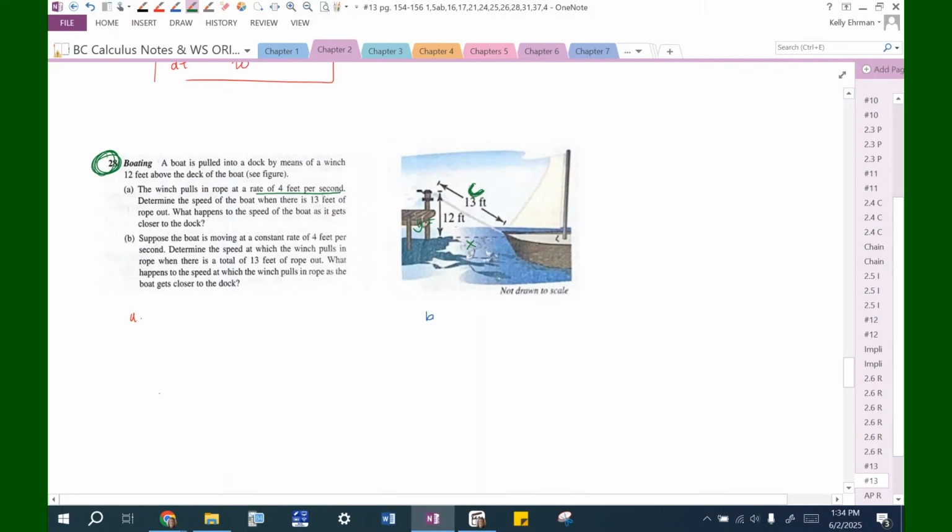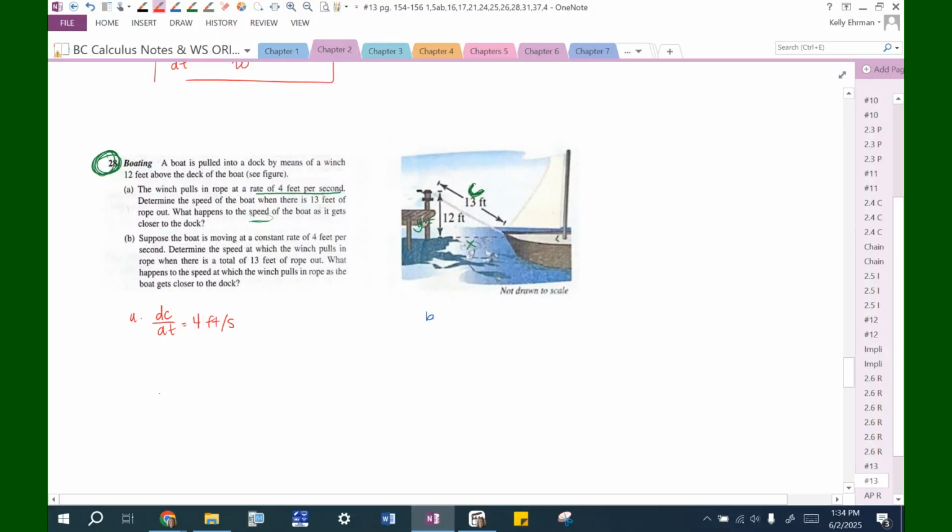Now, this question is asking about speed. I think maybe in my answer key I might have included a negative because if we're pulling this rope in, the length of the rope, which I guess is c here, is getting smaller, but they're asking about speed, which just means ignore the negatives. That's all they're trying to get at. So I'm going to say dc/dt is equal to 4 feet per second.